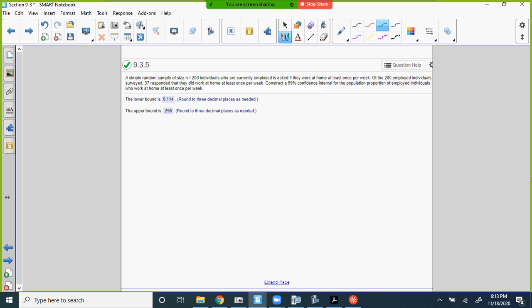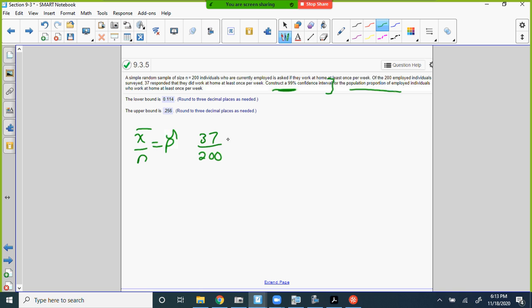They told you in this one that it was a population proportion, but how do I know based off what I've read up to right there? Do I have to do a one proportion Z confidence interval or a t-interval? Well, guys, what did they give you? They gave you an x over n, which is nothing more than p hat, a proportion, which would be 37 over 200, correct?